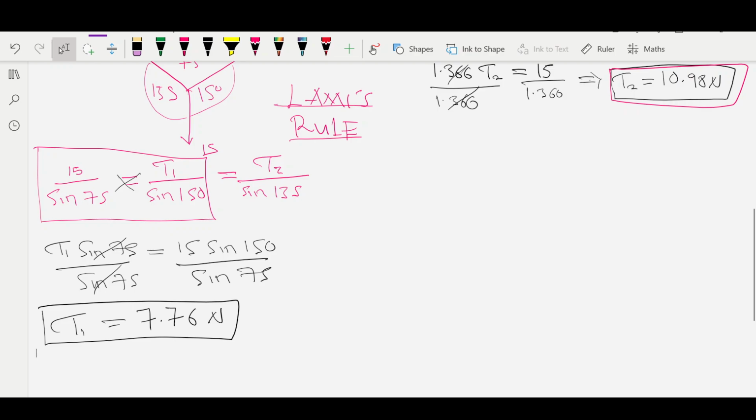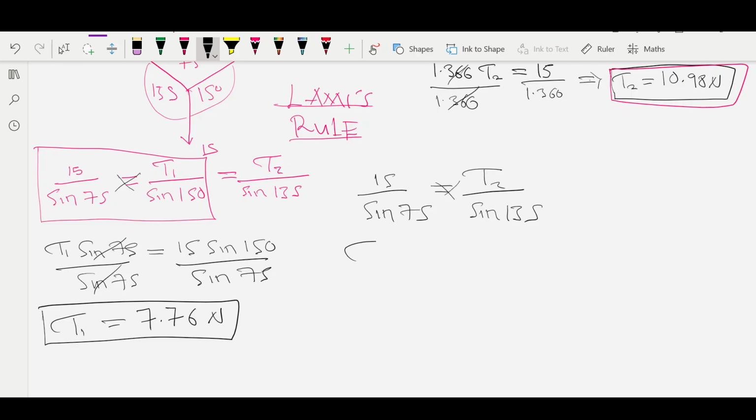For T2, we can use the same equation. We'll have 15 over sine 75 equals T2 over sine 135, and then we cross multiply, since we want to make T2 the subject.